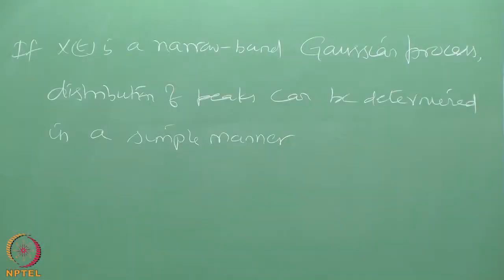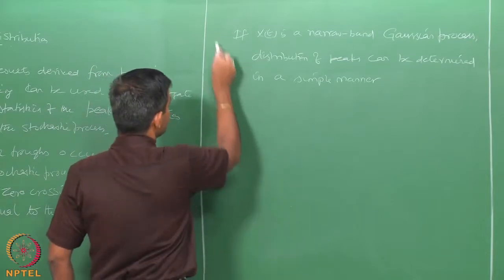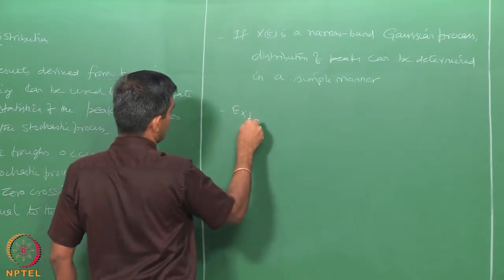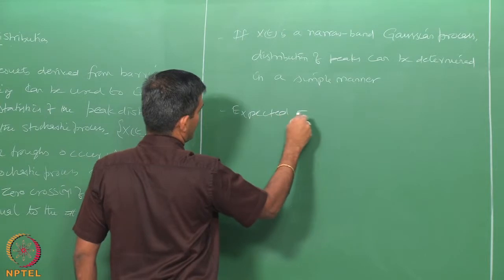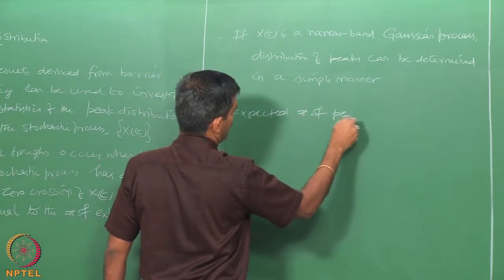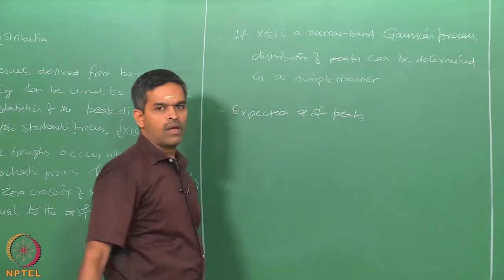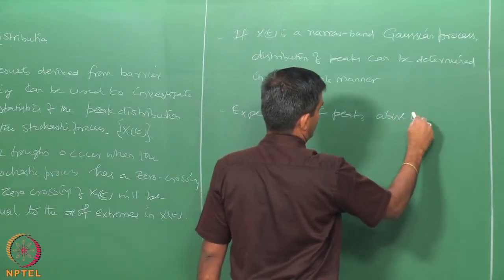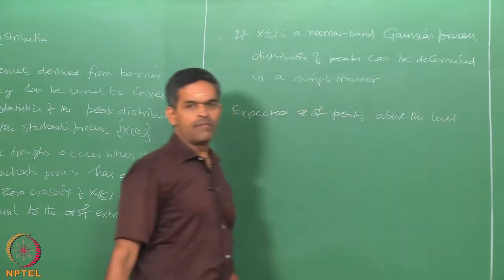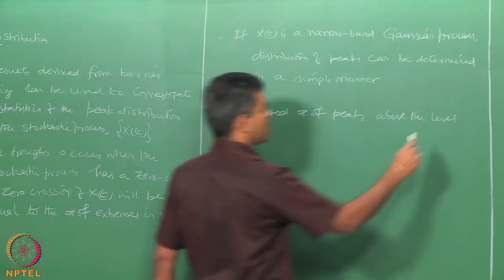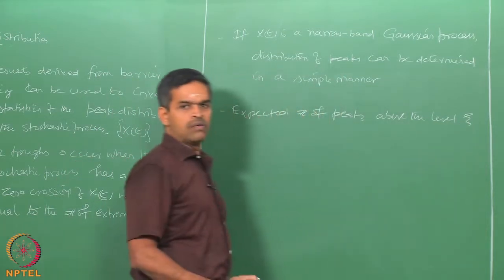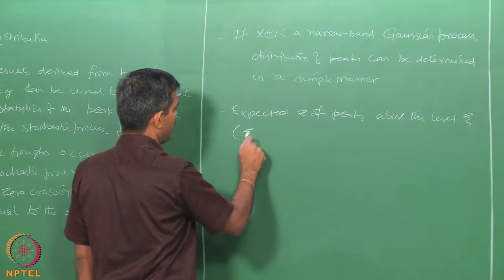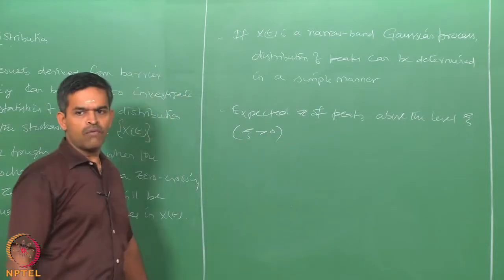The expected number of peaks above the level: in our example of discussion, we say the level is zeta and we want zeta to be more than 0, as we are looking for the positive passage.